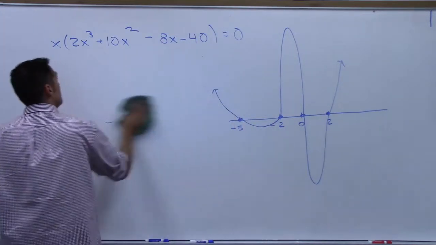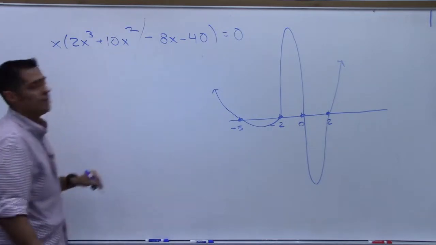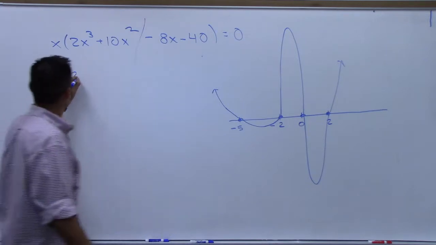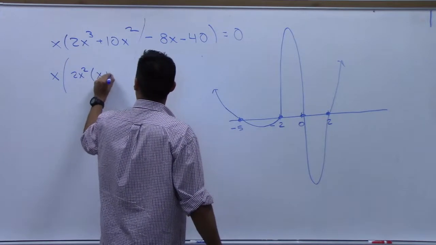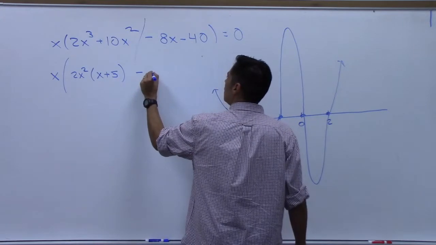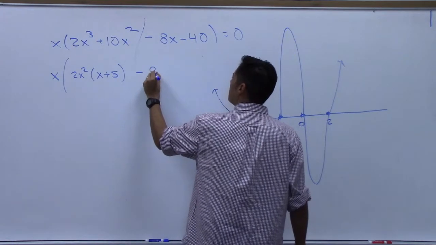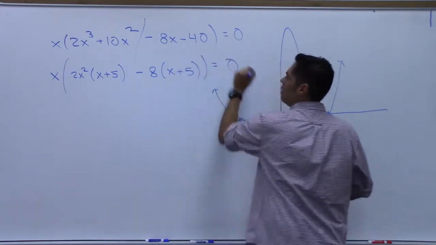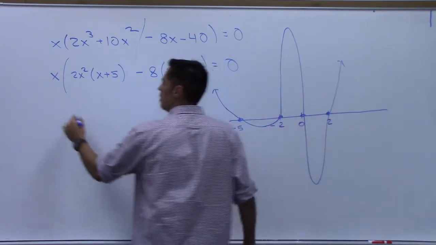And then you did grouping here. So what did you pull out of the first pair? 2x squared. You're left with x plus 5. Over here, minus 4, and then x plus 5, it would have to be minus 8, right? And then this is x.